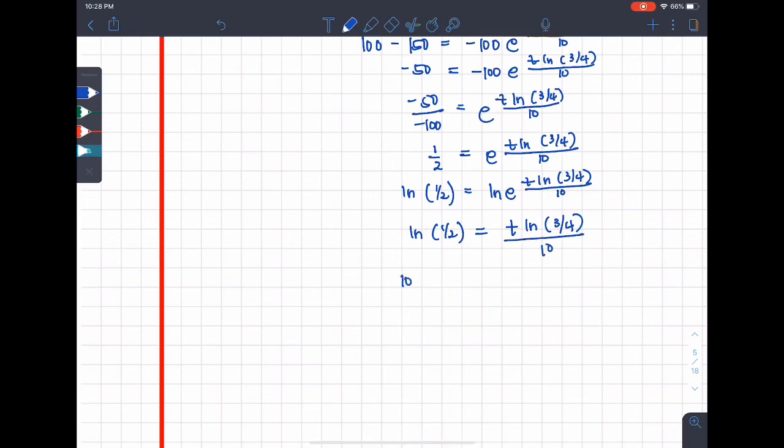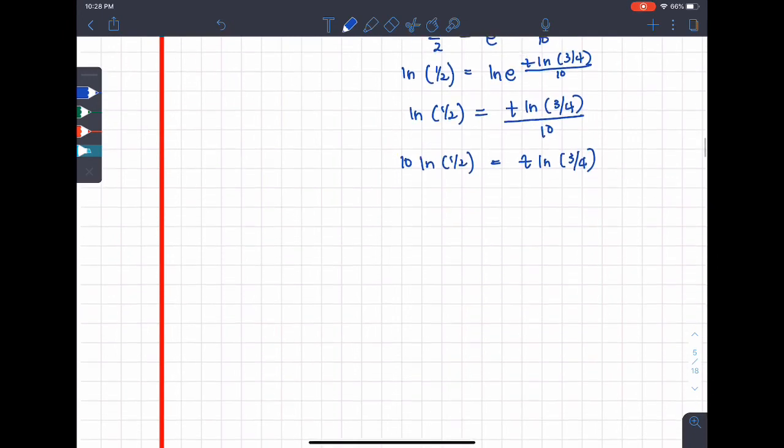Simply, 10 ln of 1/2 is equal to T ln of 3/4. Finally, T would be equal to 10 ln of 1/2 all over ln of 3/4. So giving us the time, let me solve it: 10 times ln of 1/2, divided by ln of 3/4.